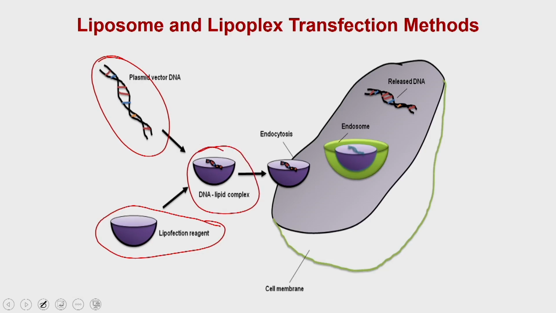Once these complexes dock to the cell, the cell engulfs these vesicles through endocytosis, and they reach a vesicular structure called the endosome. Within the endosome, the DNA is released from the vesicles, and then it reaches the nucleus, where it expresses the protein.